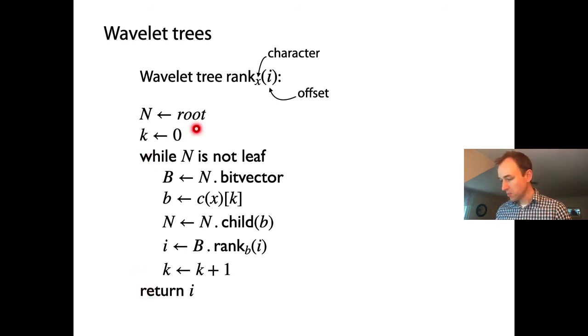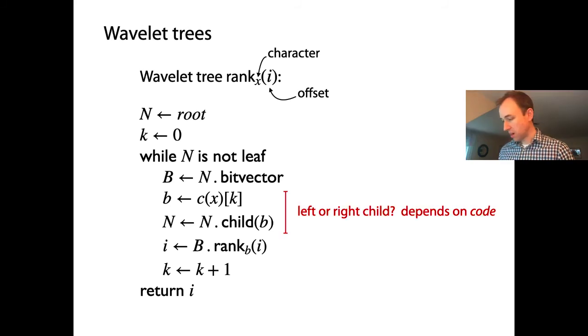Again, it's a loop. Start at the root, start at the leftmost bit in the bit vector for that code, and then the basic things we're doing in the loop are asking whether we should go down to the left or to the right, which depends on the code. The subscript of the rank also depends on the code.